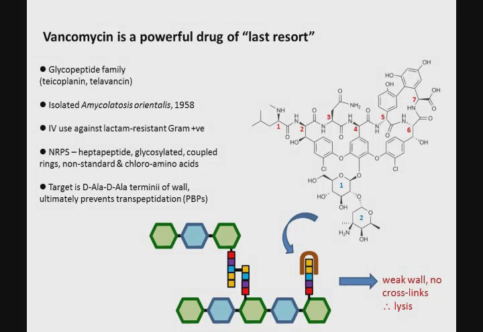So instead of directly inhibiting these enzymes via their active site like beta-lactams do, vancomycin binds like a cage over the substrate, and it prevents the substrate from being used by the enzymes. So it's two very different ways of working. But in common with beta-lactams, you'll end up with no cross-links in your peptidoglycan, and you'll lyse the cells. Vancomycin is a very powerful drug in this sense.